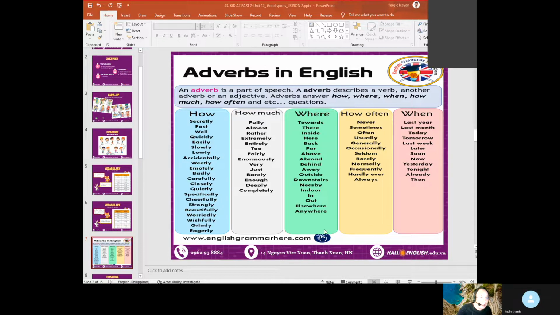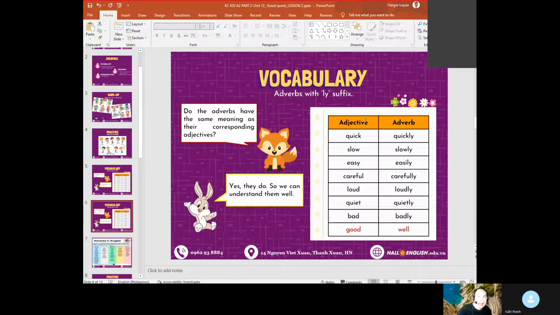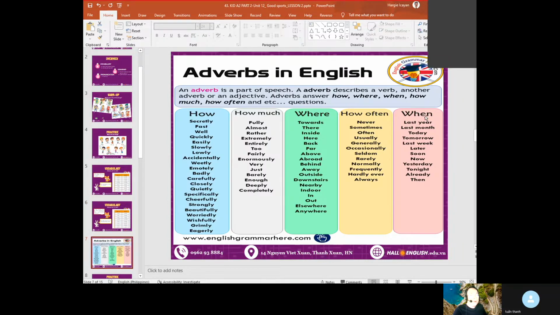That's why in the first slide we have adjective and adverb, because we can also use an adjective in forming the adverb. Got it? And we have to remember that adverbs answer the question how.